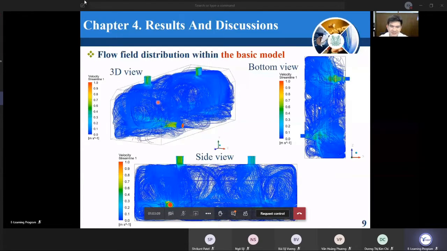And you can see it's really messy inside the furnace. It's not uniform. And then more clearly we can look at the top view and side view like this. It impinges directly on the bundle of steel pipe, in this zone and this zone similarly, and for the side view we can also see it is non-uniform like this.